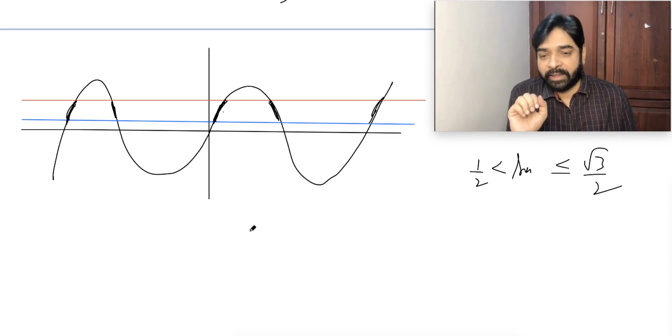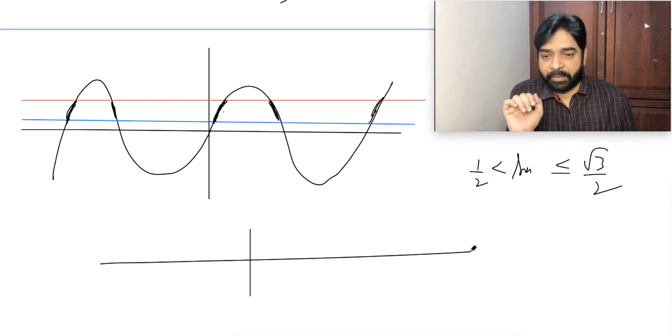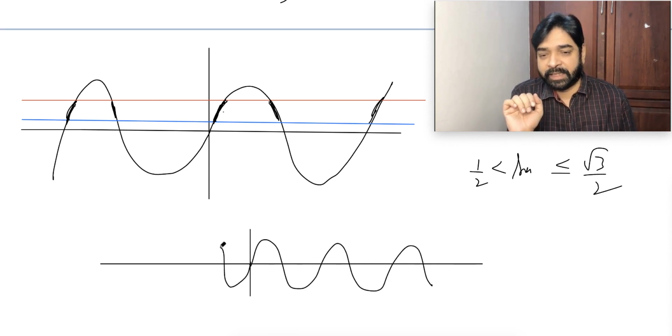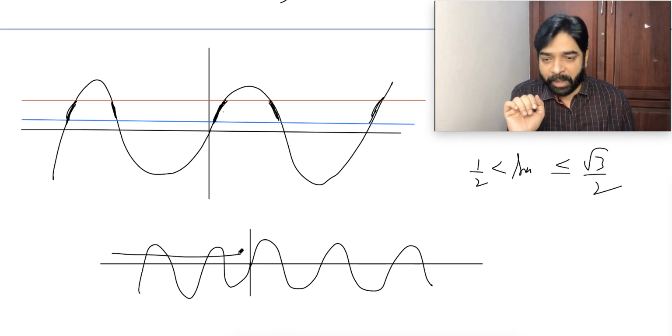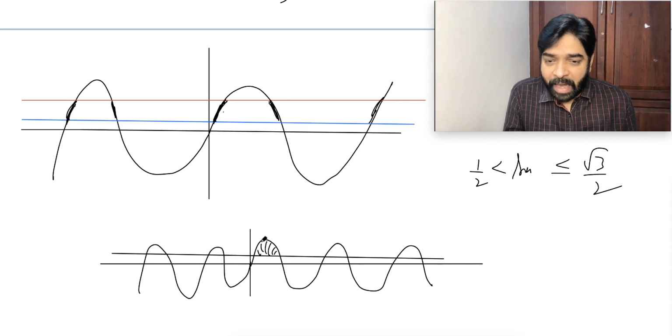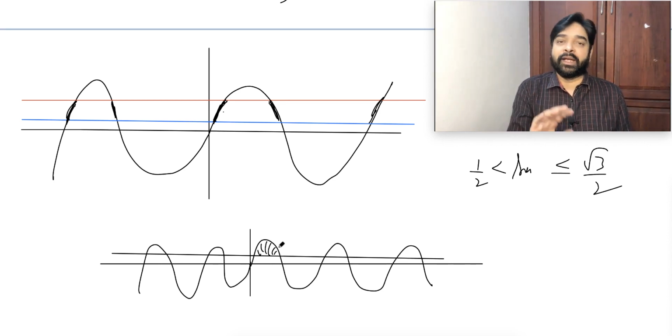Please listen carefully. Suppose I say sin x greater than 1 by 2, only sin x greater than 1 by 2. So the 1 by 2 portion will be this one. You will select that portion, and then you will add 2n pi on both sides. That will make sure that whatever portion is there, it will be included in the answer.